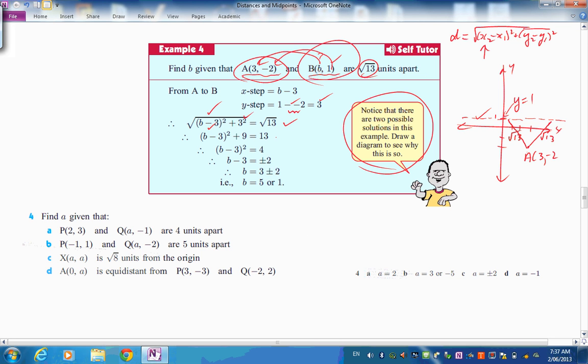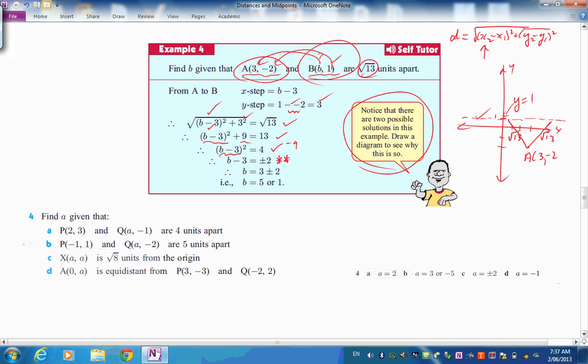So now squaring both sides, we get this little creature here, B take 3 squared plus 9 equals 13. Subtracting 9 from both sides, B take 3 all squared is 4. Let's take the square root of both sides. Remember, we're trying to get back to the unknown, unpacking your present, unpacking the operations done to that unknown. And that will give us, don't forget, the 2 solutions now.